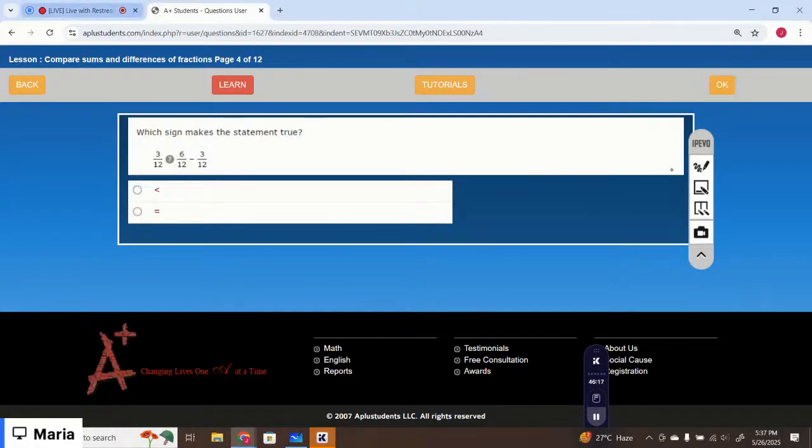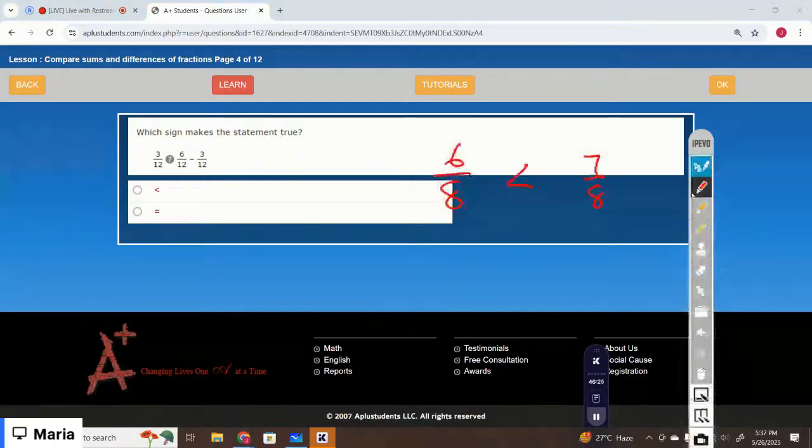3 over 12 and then 6 over 12 minus 3 over 12. 6 minus 3 is 3 over 12.